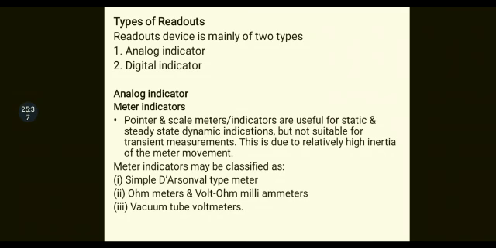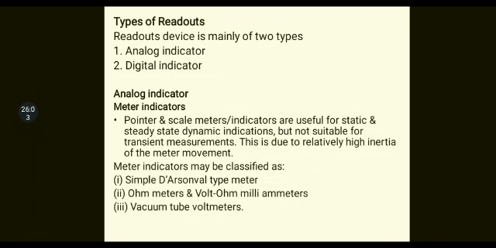They are suitable only for static things. There will be no vibration, hence they show correctly. Even in steady state with no vibrations, the output is correct. Whereas they are not suitable for transient measurements. Why? Every time it changes, so definitely the indicator will not perform correctly.